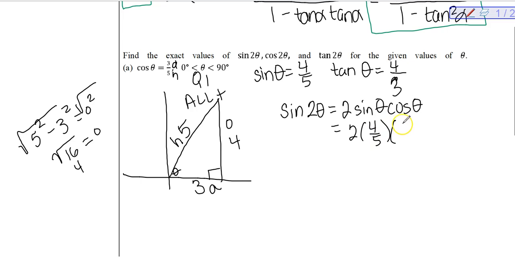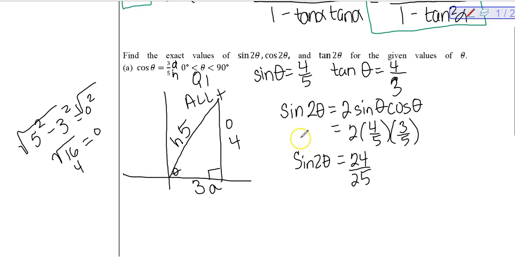Cosine theta is 3/5. And so now I can find the exact value of the sine of 2 theta. Nice to have a calculator around for this. The solution is 24/25. That's an exact value. If you were to find it as a decimal, it'd be one of those ugly decimals that goes on for a long time. There you go.